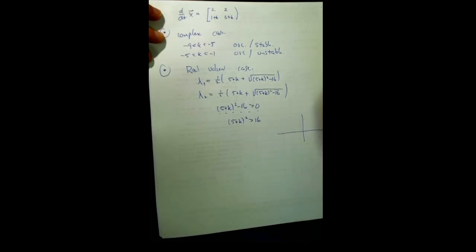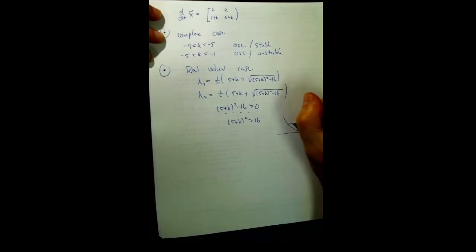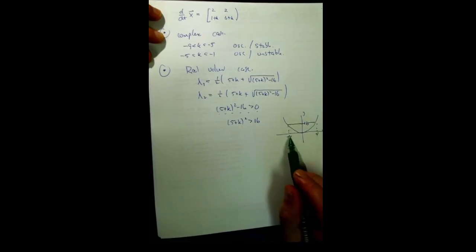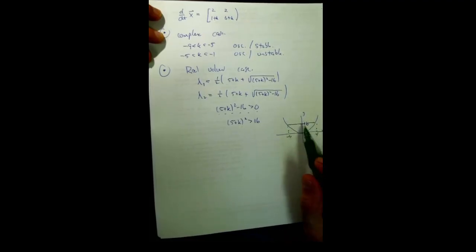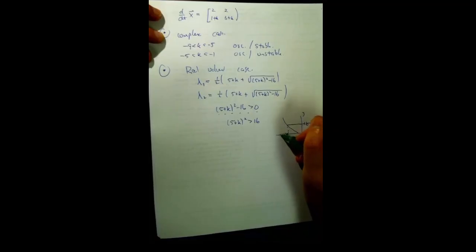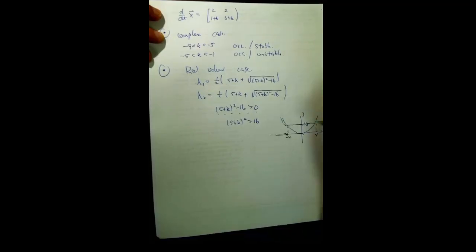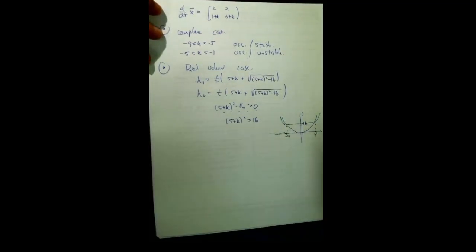How can that happen? So there's my 16. Between minus 4 and 4, x squared falls below 16. But if I'm less than minus 4, I'm above 16. And if I'm greater than 4, I'm above 16.